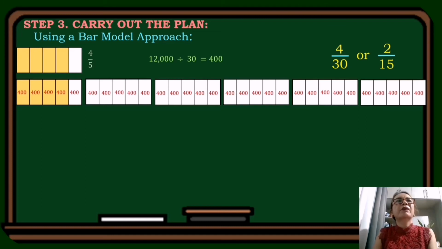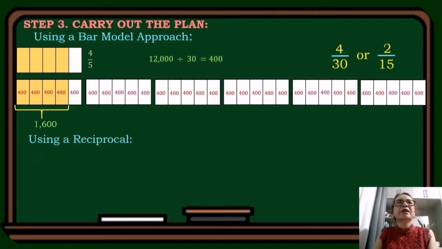So we have 400, 400, 400, 400. So 400 times 4 equals 1,600. So that will be the amount that each family will receive. Each family will receive 1,600 pesos.